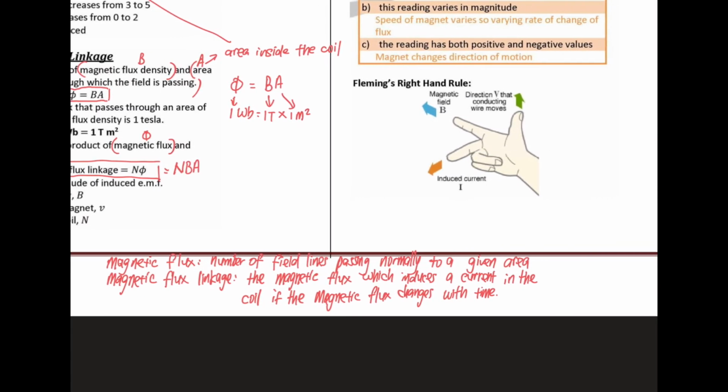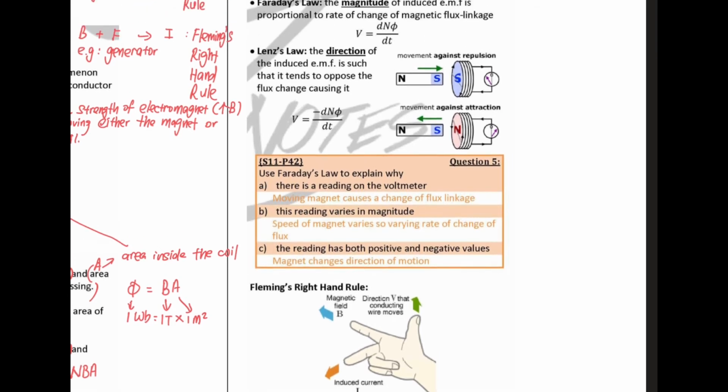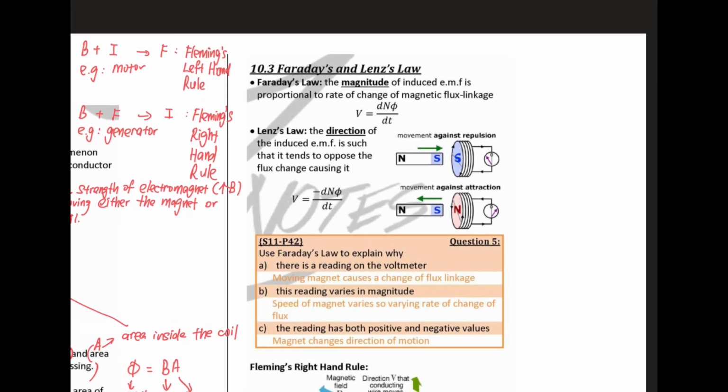Okay, Faraday's and Lenz's law. So Faraday's law: the magnitude of induced EMF is proportional to the rate of change of magnetic flux linkage.